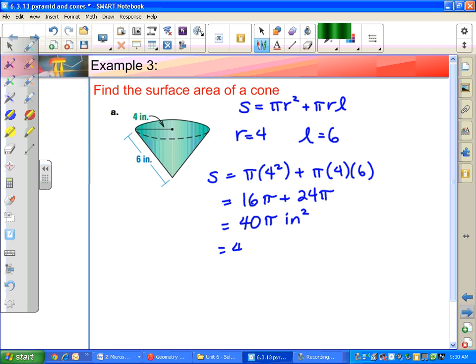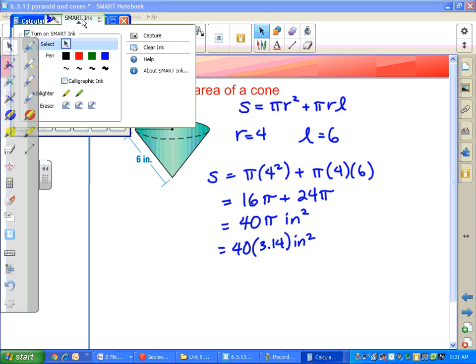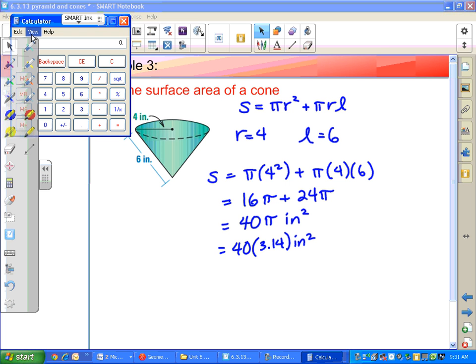So if I did that, if I multiplied 40 times 3.14, let's see, what would we get? Pull up our calculator here. 40 times 3.14 is equal to 125.6.